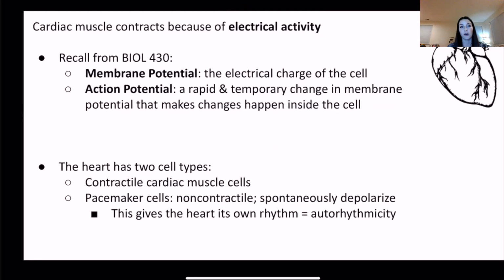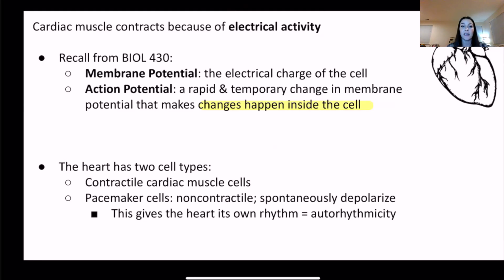And action potential is a special kind of membrane potential. It's a rapid change in membrane potential, and it makes changes happen inside of the cell. Action potentials make actions happen inside the cell. And they consist of some things, right? And we'll talk about action potentials and reminding ourselves what happened from Bio 430.